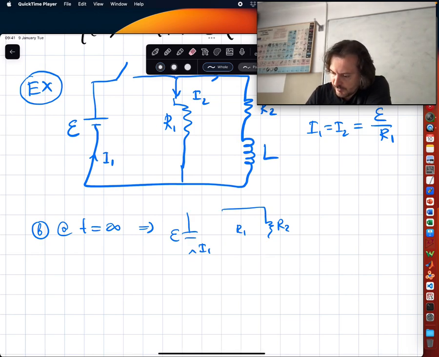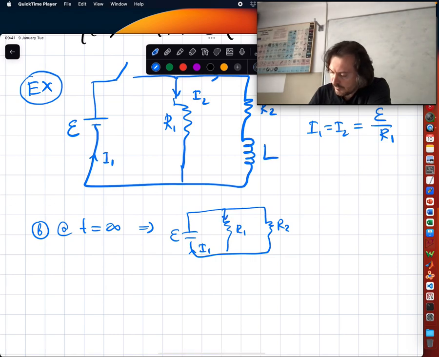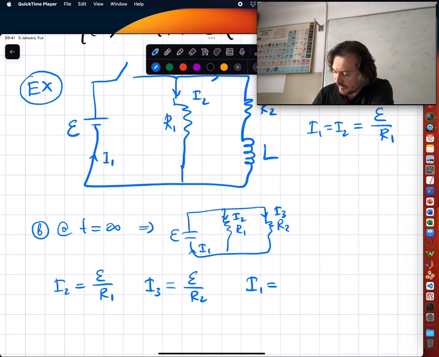So, sorry, let's find I2 and I3 and then sum them up. So what is I2? E over R1. What is I3? Do you agree? E over R2. What is I1? Sum of I2 and I3: E over R1 plus E over R2. Very good.